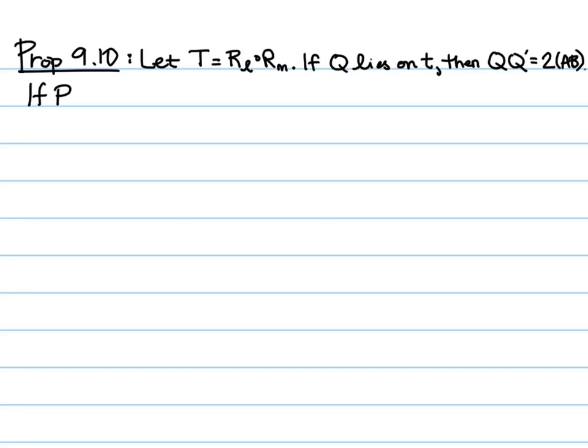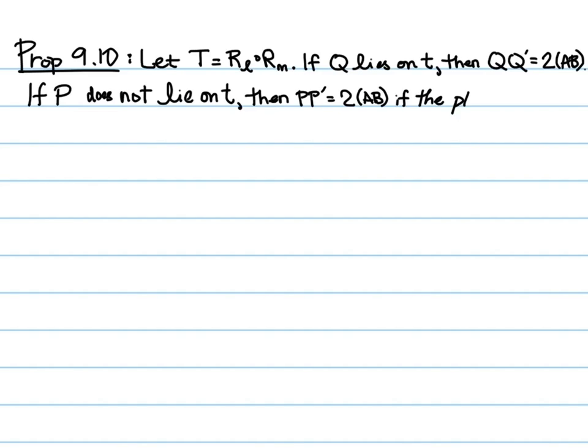If P does not lie on T, then P prime is double the length of AB, if the plane is Euclidean. P prime is actually greater than double the length if it's hyperbolic.